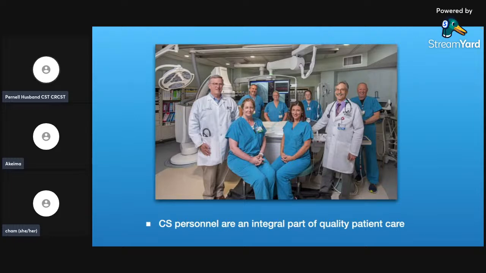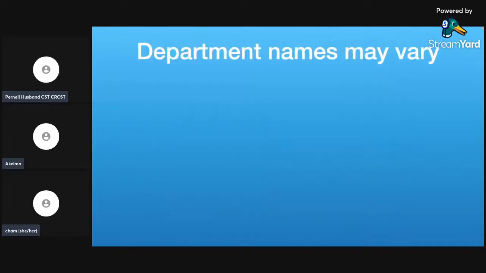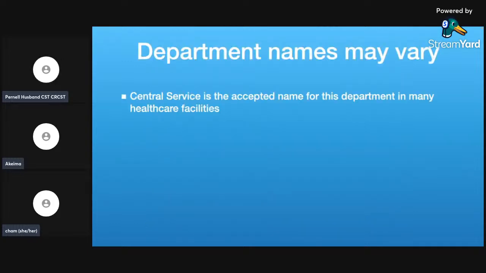Hospitals are all about teamwork. Nobody is an island. The work that central sterile technicians do is critically important to taking care of patients. So remember, the overarching name, the professional name given to these departments in a hospital is central services, right? If you say CS or central service, everybody in a hospital knows what you're talking about.